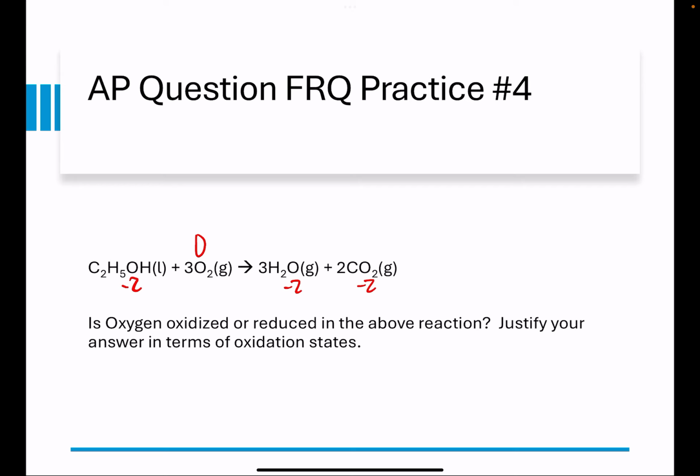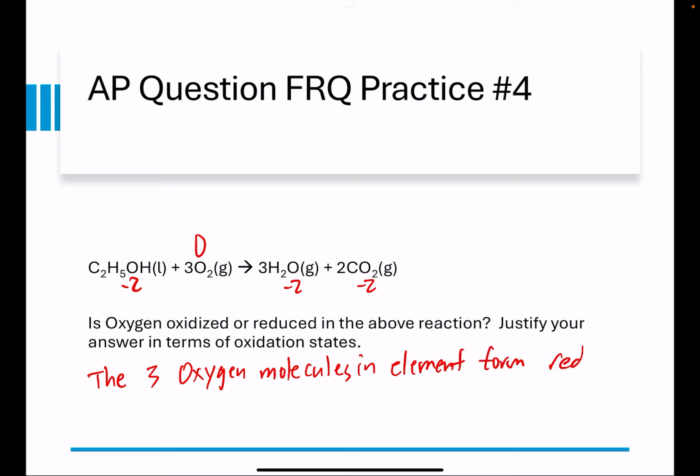So I would just state the obvious. So the 3 oxygen molecules in element form were reduced from 0 to -2.